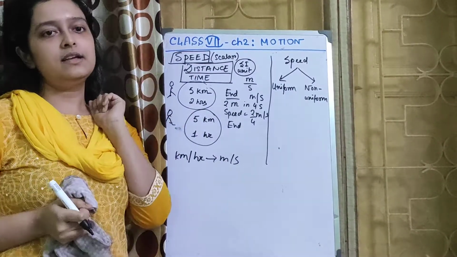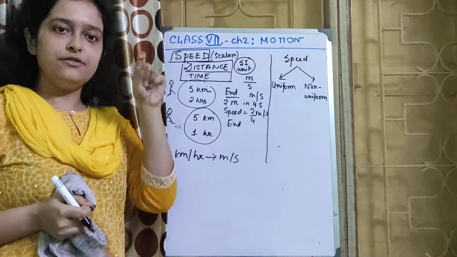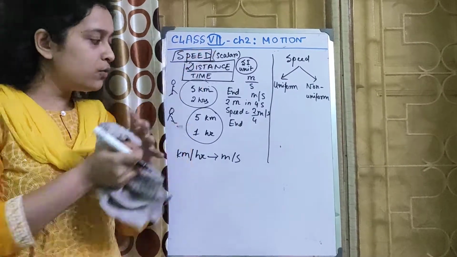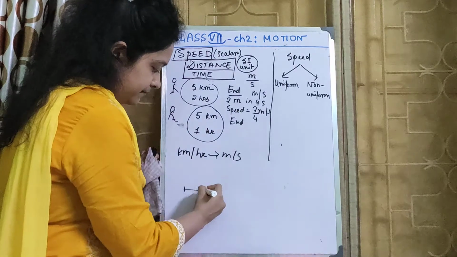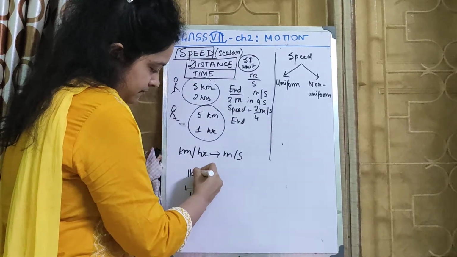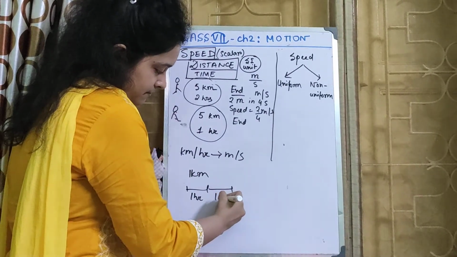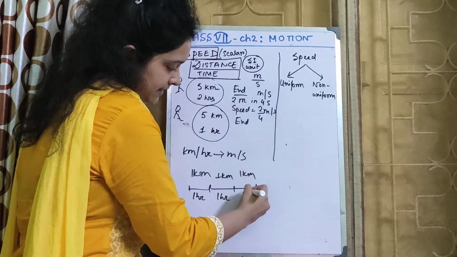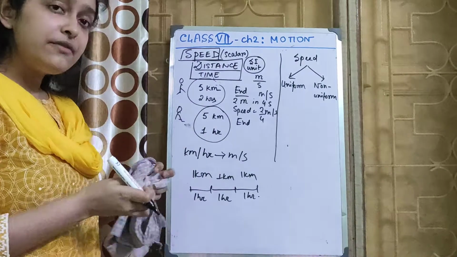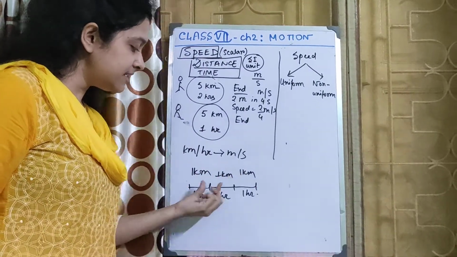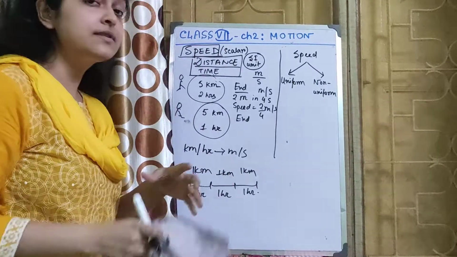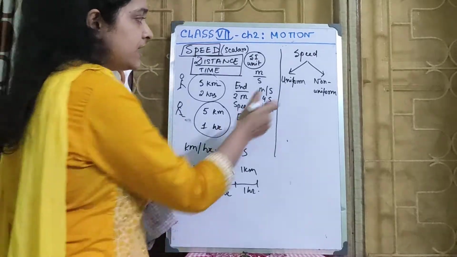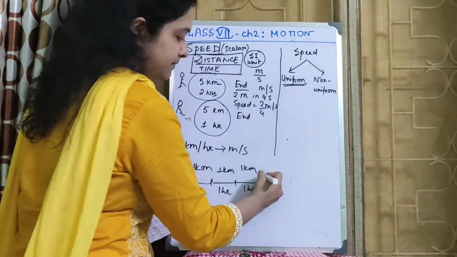You are walking 1 kilometer in the first 1 hour. Again 1 kilometer in the next 1 hour. See, you are covering equal distances in equal intervals of time. So, you will have uniform speed.